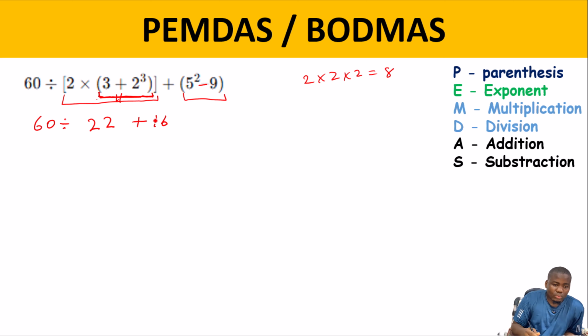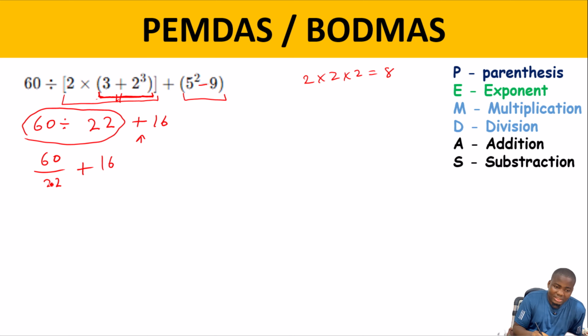Once we have something like this, 60 divided by 22 would come first before we do the plus. Now, because this is going to give us a fraction, we are going to have 60 over 22 plus 16.